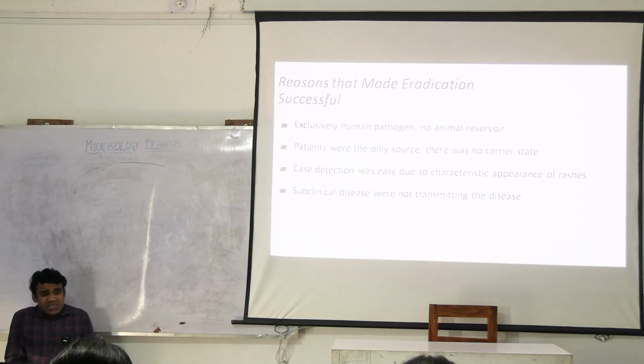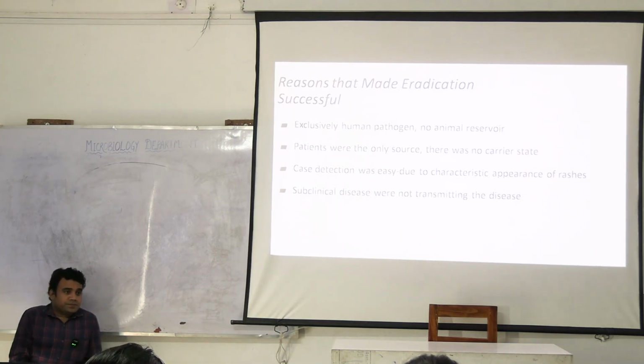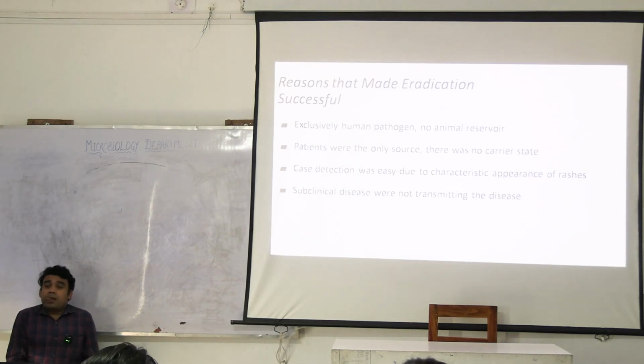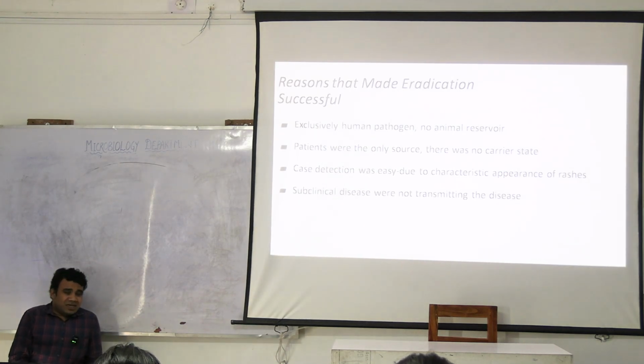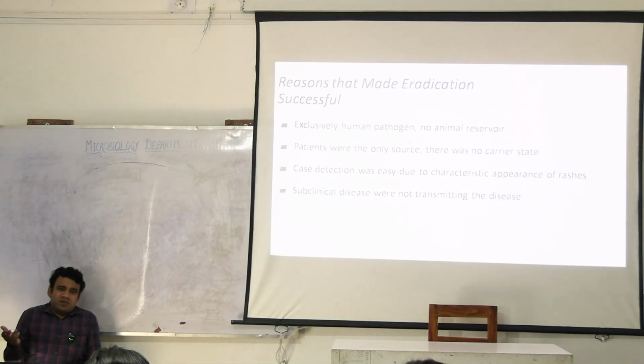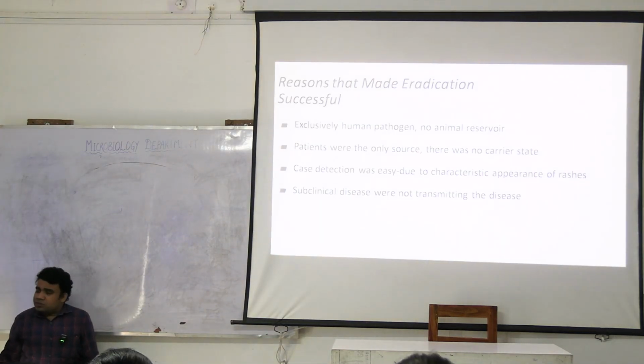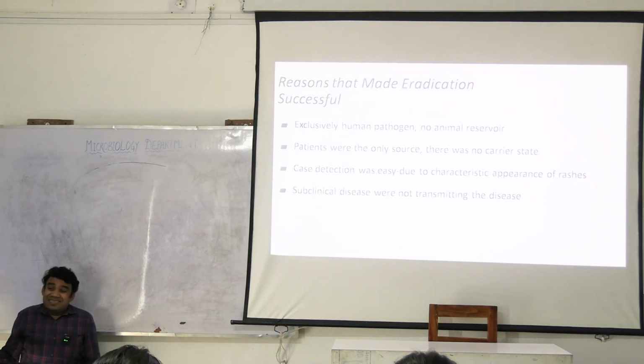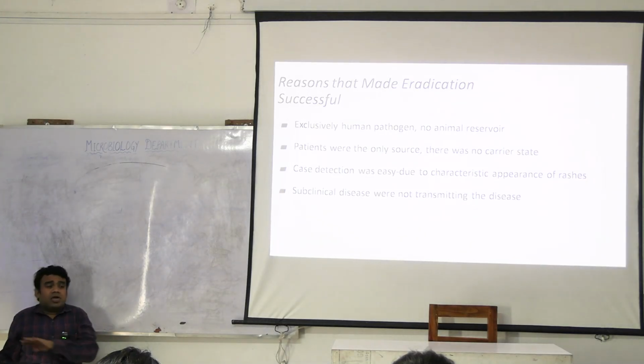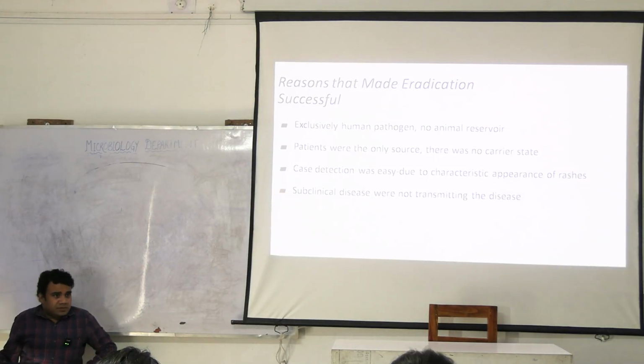Next, vaccination provides almost 100% immunity. Thirdly, this viral disease is very easy to detect because the manifestation is cutaneous. Any kind of skin eruptions can be detected very easily as compared to other viral illnesses where cutaneous manifestation may not be seen. Also, people who had subclinical disease were not able to transmit the disease.